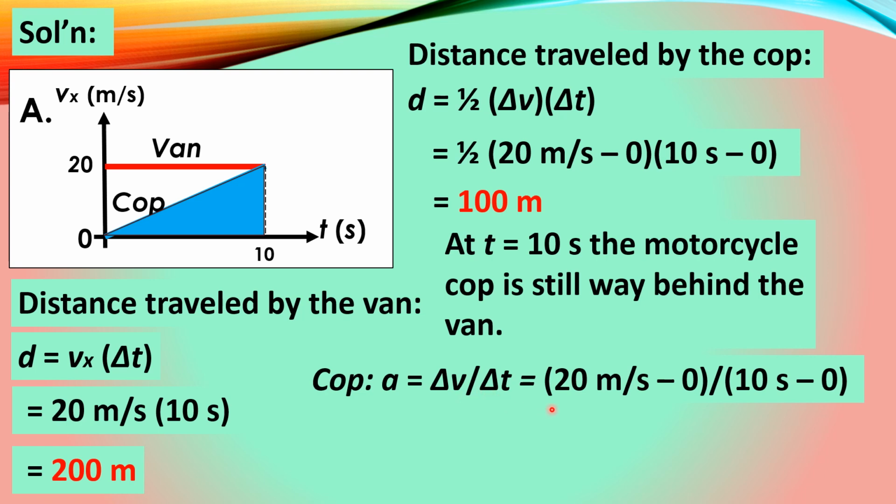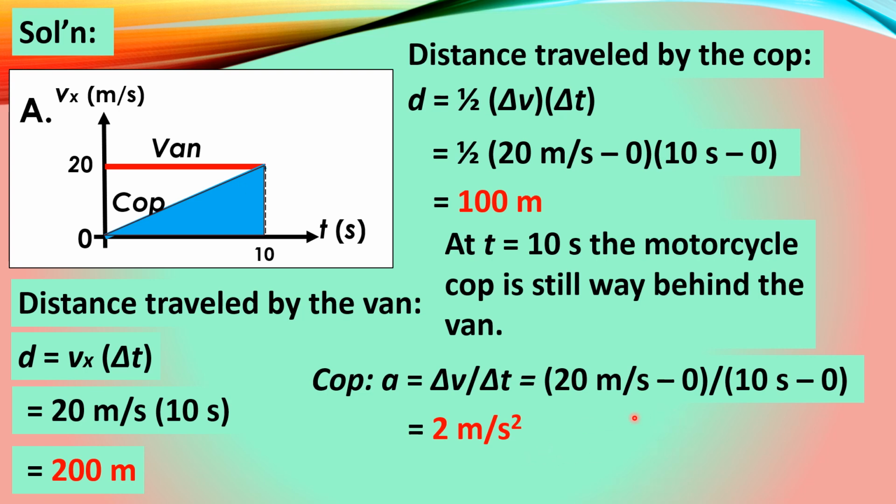So when you substitute, within a period of 10 seconds, we have the change in velocity 20 meters per second minus 0, divided by 10 seconds, and we will get the value for the acceleration of the motorcycle equal to 2 meters per second squared.